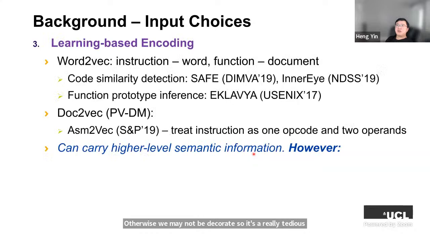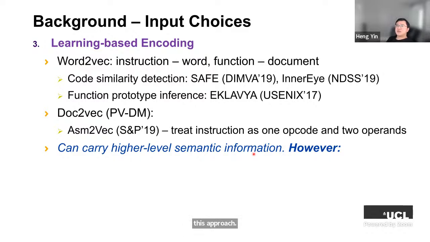And then in terms of learning-based encoding, like I said earlier, word2vec, you can directly treat an instruction as a word and a function as a document, to learn the instruction embedding. Many papers have taken this approach. And doc2vec, in this case PV-DM.